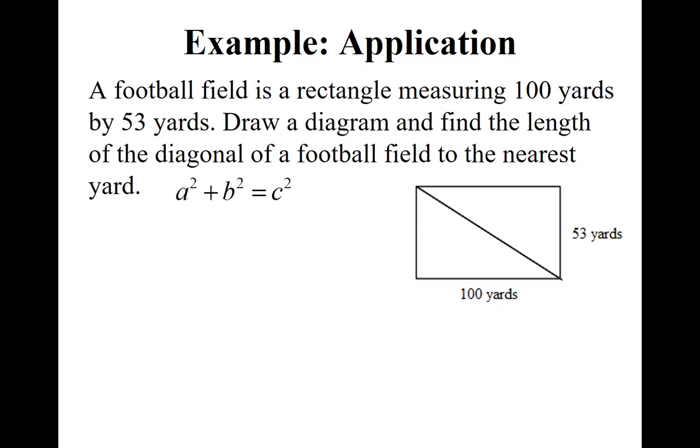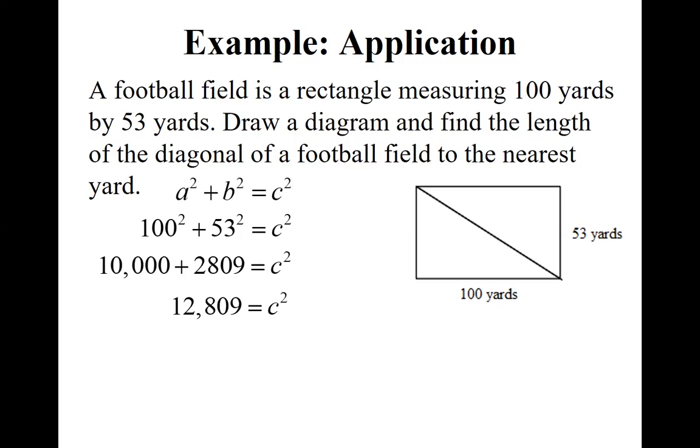So a squared plus b squared equals c squared. 100 squared plus 53 squared equals c squared. That's 10,000 plus 2,809. That's 12,809 when we add them together. Take the square root of both sides.